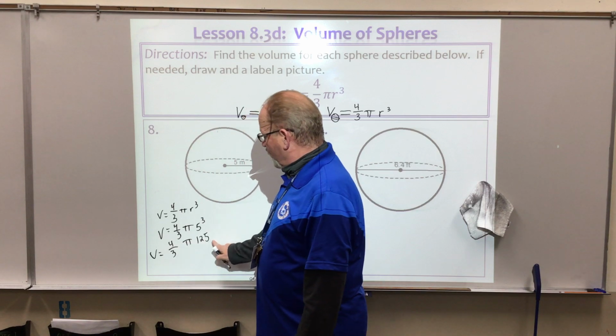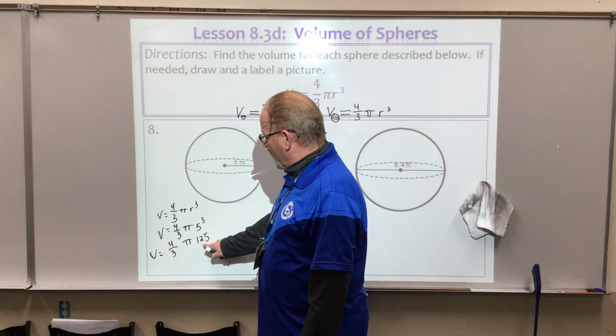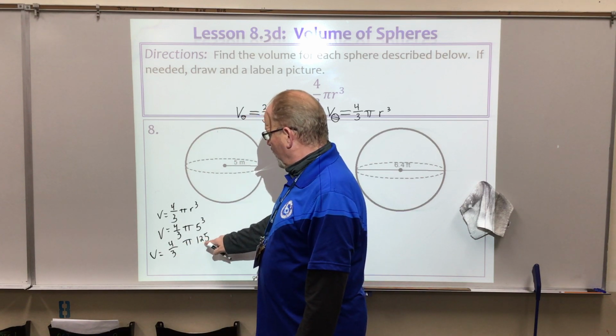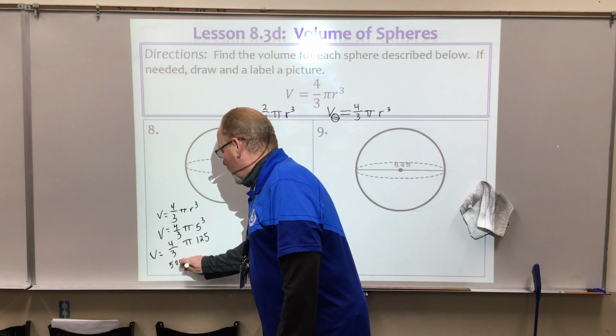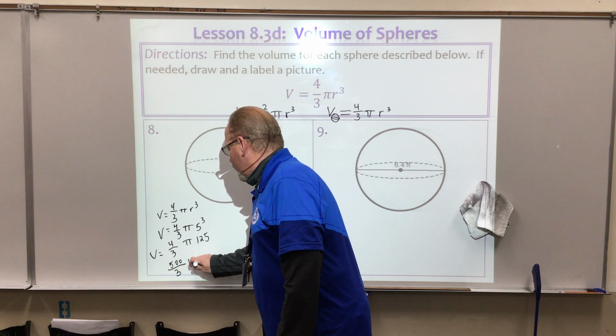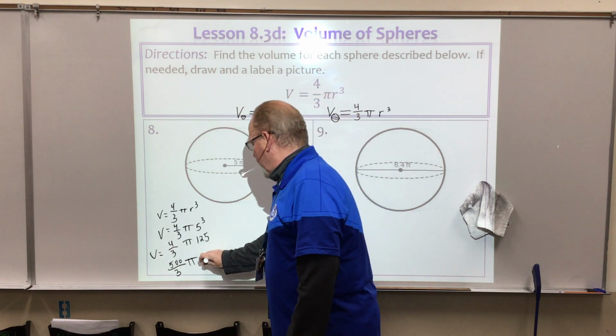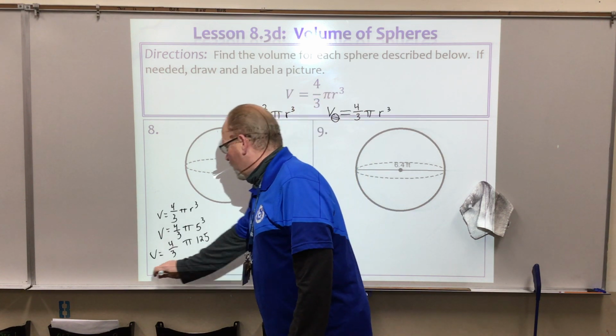Four thirds times 125. 4 times 125 is 500 over 3 times pi meters to the third power.